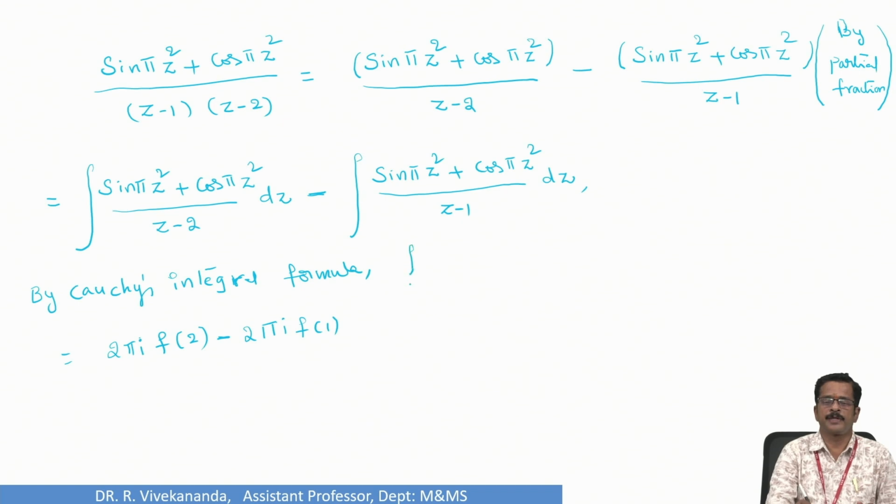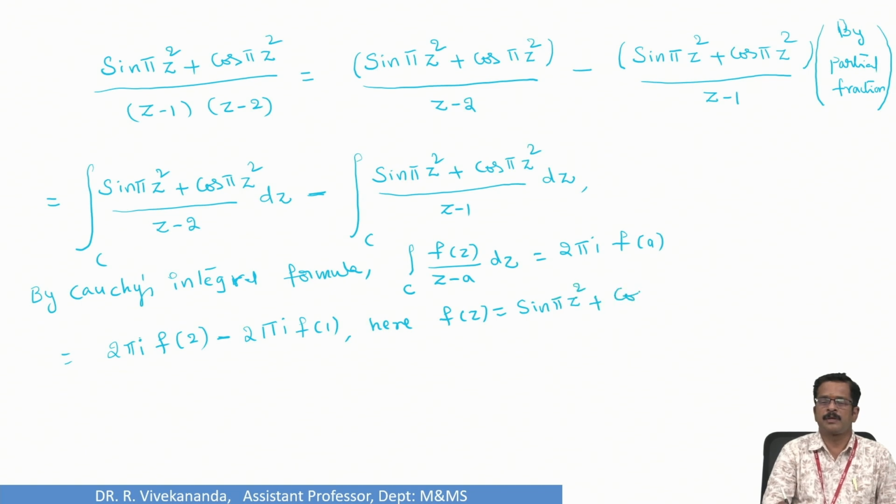You write down Cauchy's integral formula: the integration over C of f of z by z minus a into dz equals 2 pi i into f of a. According to that formula, I am writing 2 pi i into f of 2 minus 2 pi i into f of 1. Here f of z equals sin pi z square plus cos pi z square.